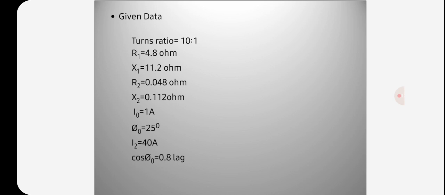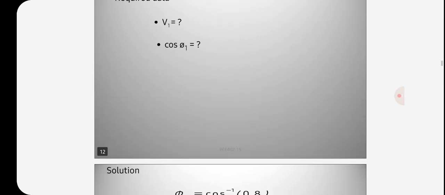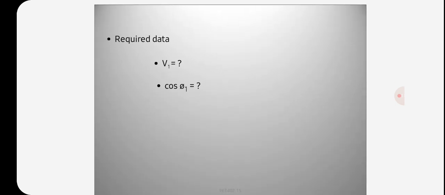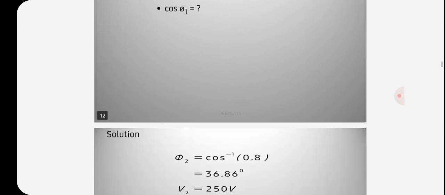So I naught is equal to 1 ampere, phi naught is equal to 25 degrees and I2 is equal to 40 amperes, cos phi 2 is equal to 0.8 lagging. So this is the given data for second problem, and we need to find out the V1 and cos phi 1. These are the primary side values.